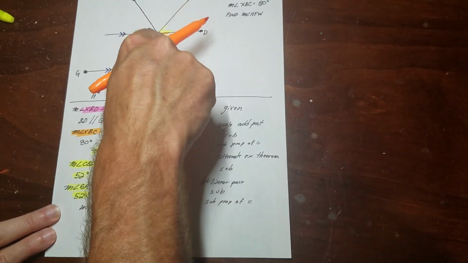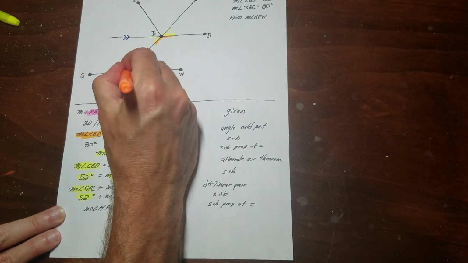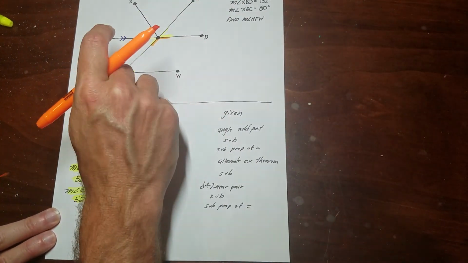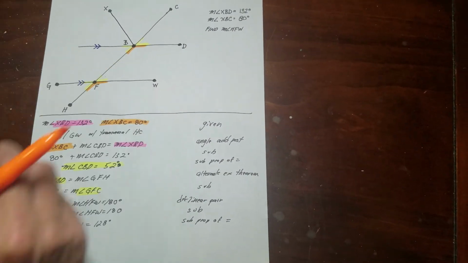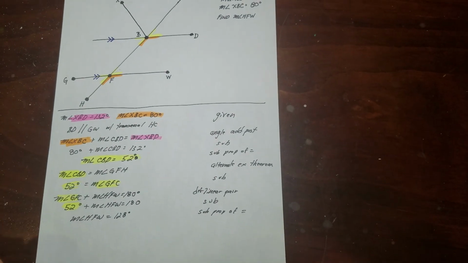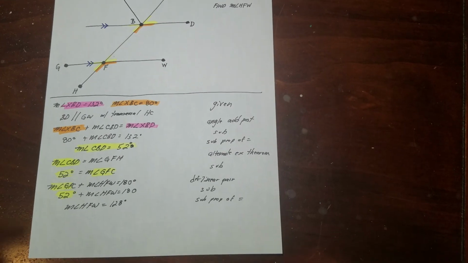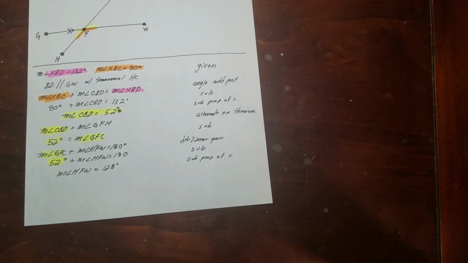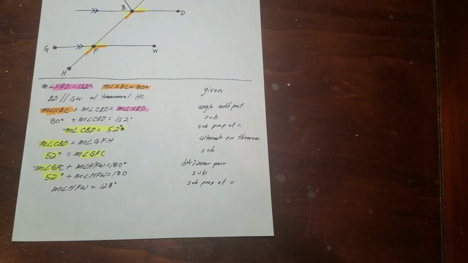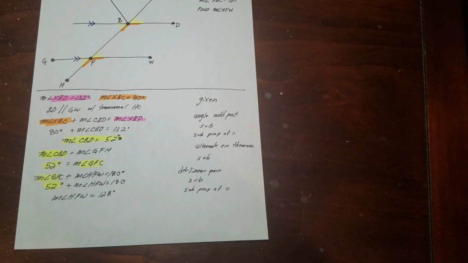And once I knew that, I could have used corresponding angles to figure out that one. What happens is you end up with the same stuff, just in a different order. That's really the only difference. But yes, there is more than one way to do it.